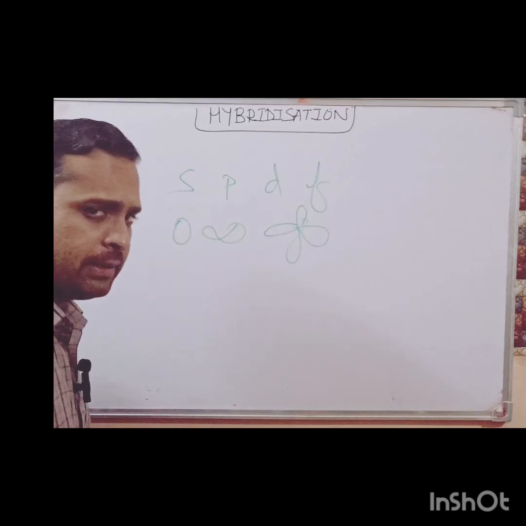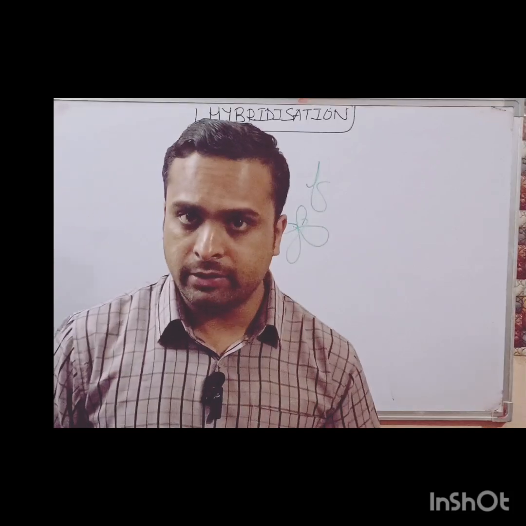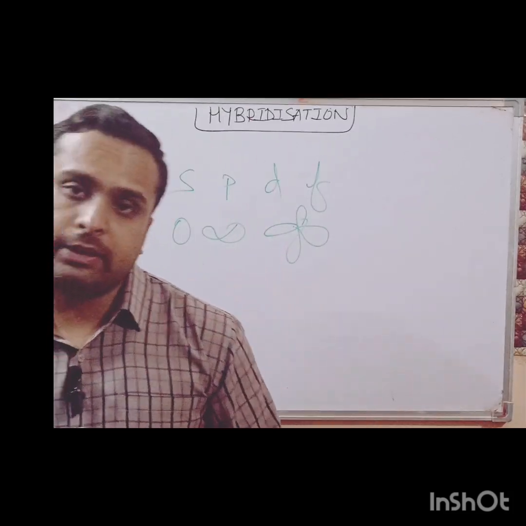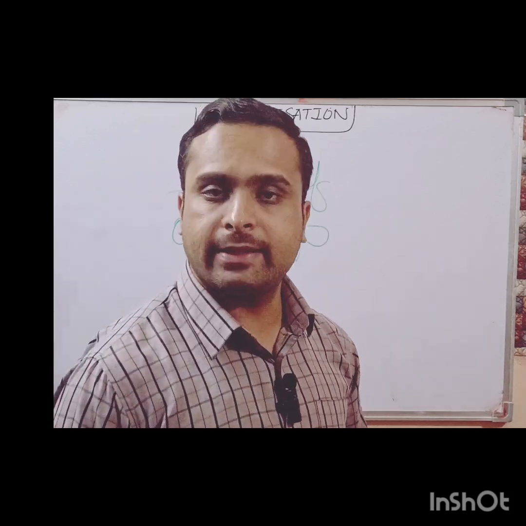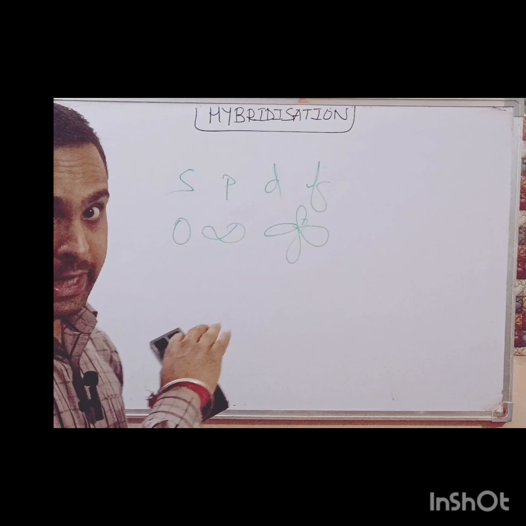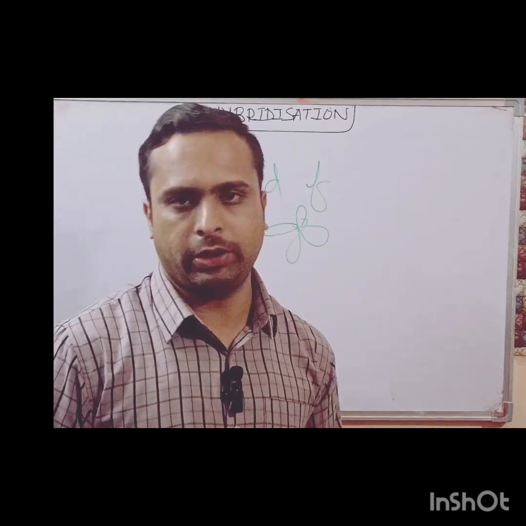If they have different shapes and structures, they possess different kinds of energies, and they will also be less stable. But if they have the same energy, then they will be considered a stable molecule.